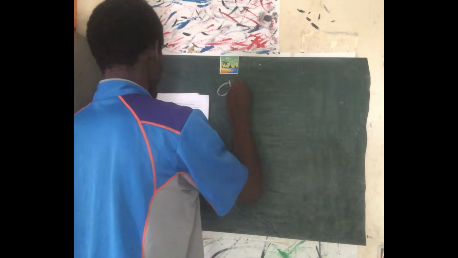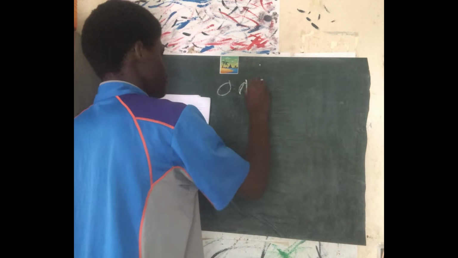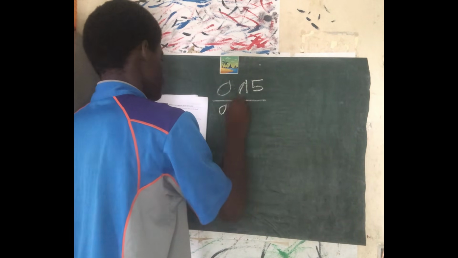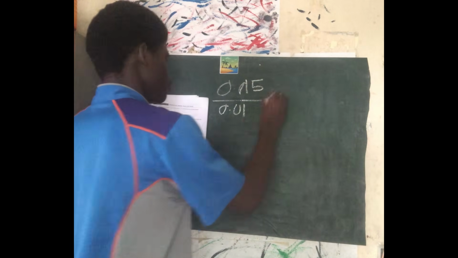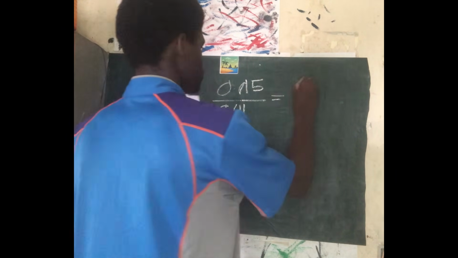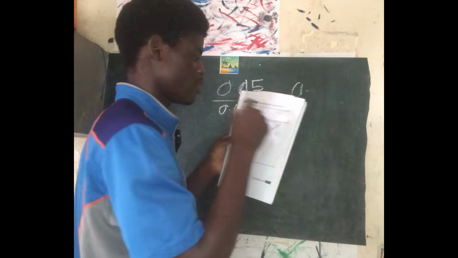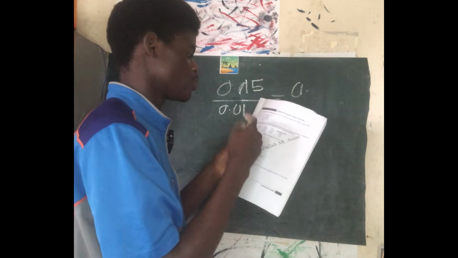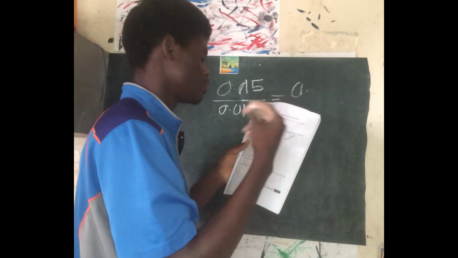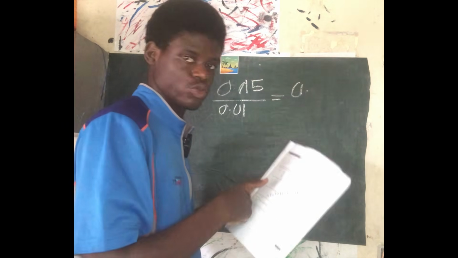That's 0.015 over 0.01, big divided by small. Then we'll go to the initial rate and do the same thing. Since we divided 0.015 over 0.01, we divide the rate 0.03 over 0.02.